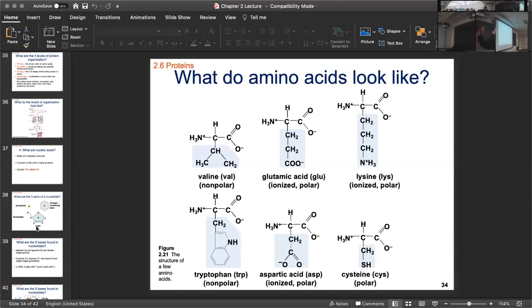I keep using the example of beads on a string. If you're going to make a bracelet and you put on a red bead, then a green bead, then a yellow bead, or I could put on 17 red beads, I have 2 different bracelets. Those beads are the amino acids, and the bracelets are the different proteins.